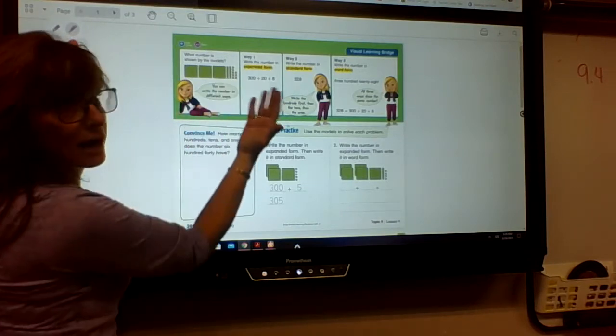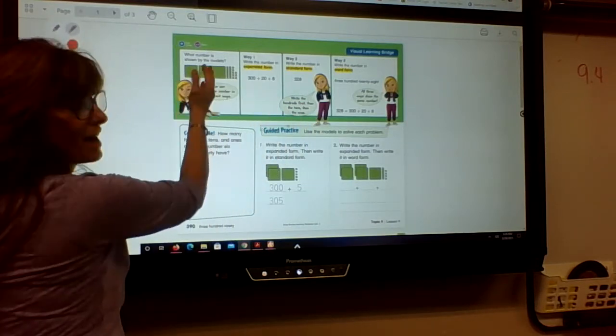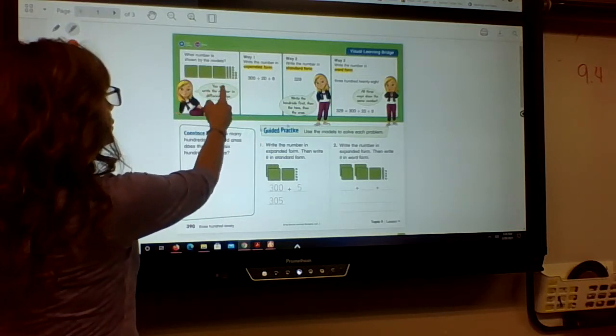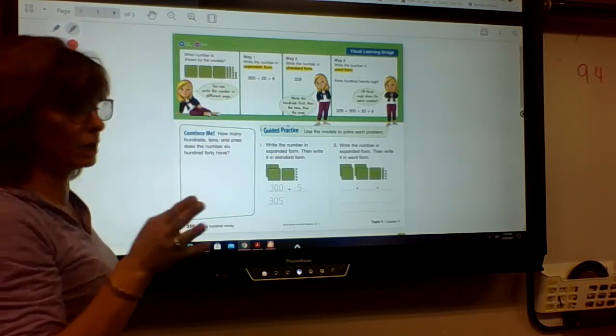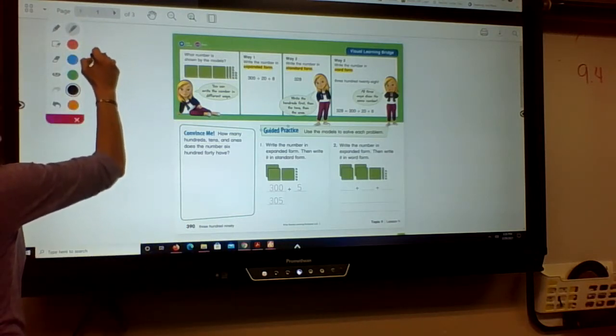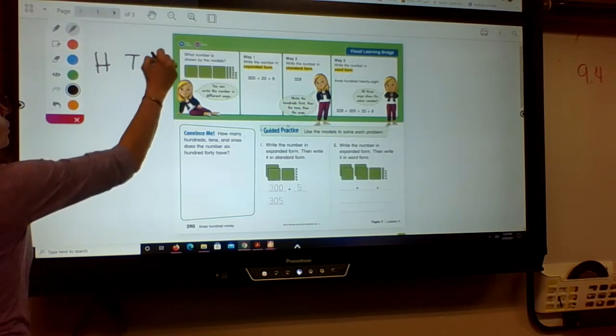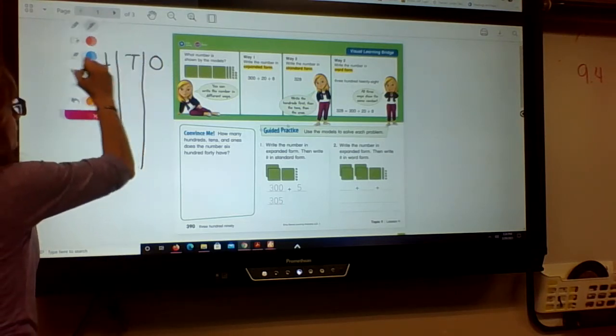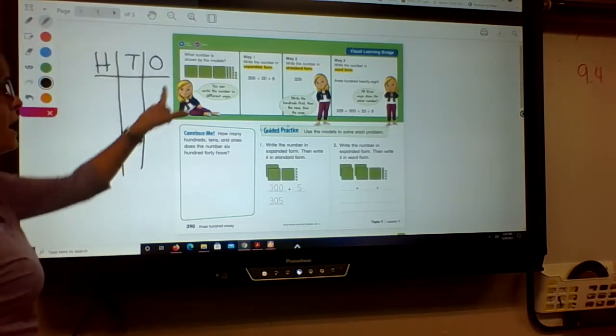Let's count by our places. The blocks, if you count each little bitty square, there's 100 there. So 100, 200, 300. So that's 300, okay? And remember, it will look like this: hundreds, tens, ones. So how many hundreds do we have?